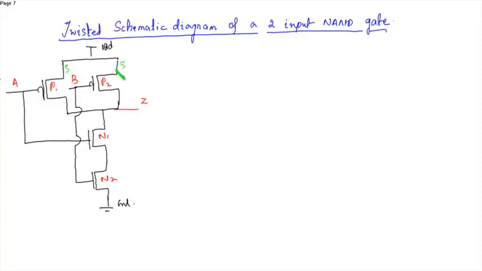So this is source, source, drain, drain, drain, source, drain, source. These are the gate terminals.